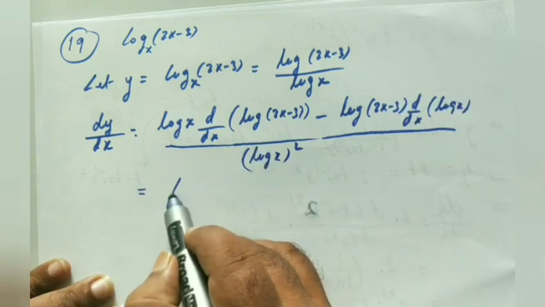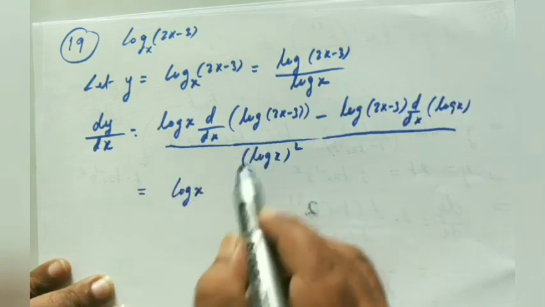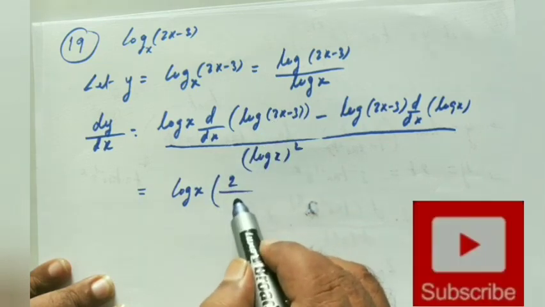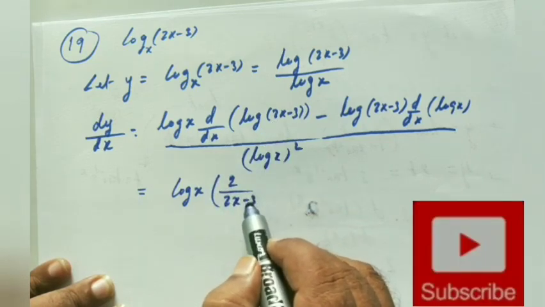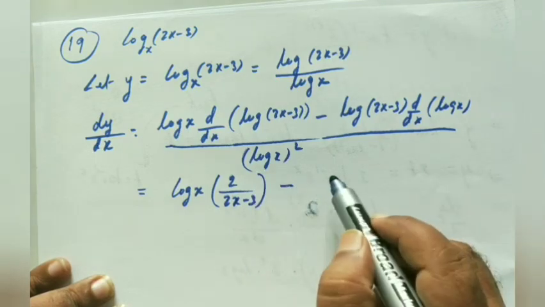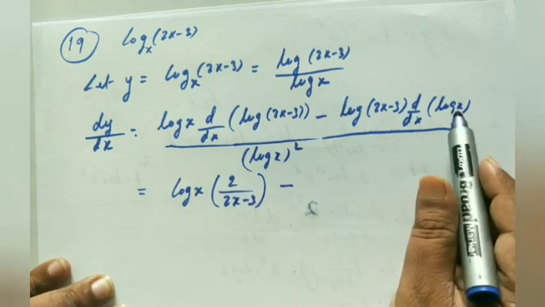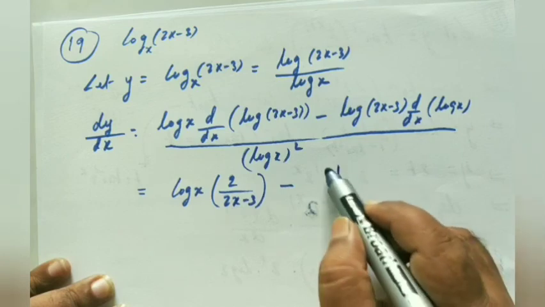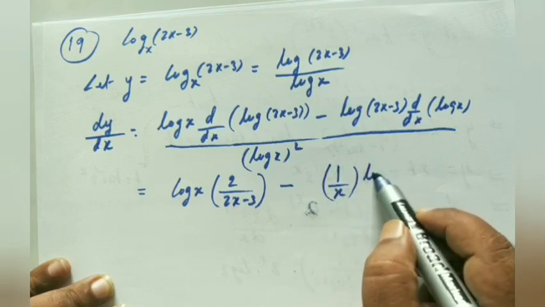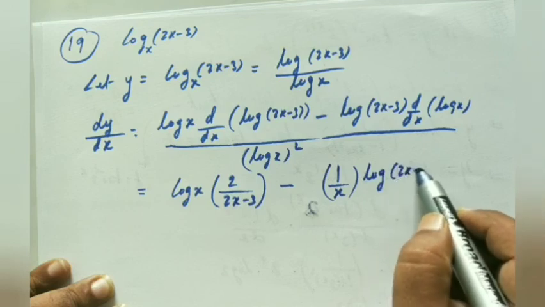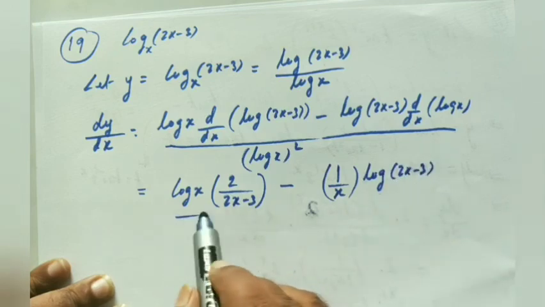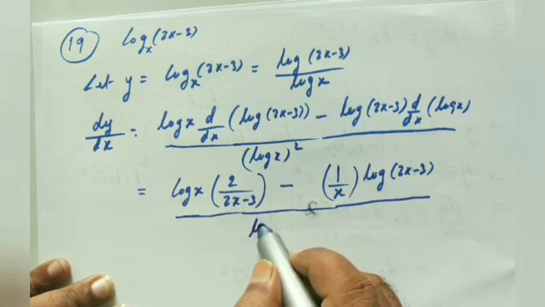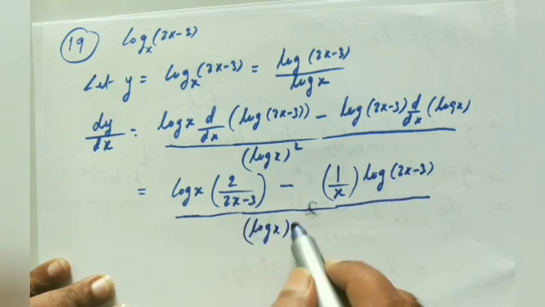Here log x, and differentiation of this will be 2 by 2x minus 3, minus 1 by x, by log x whole square.